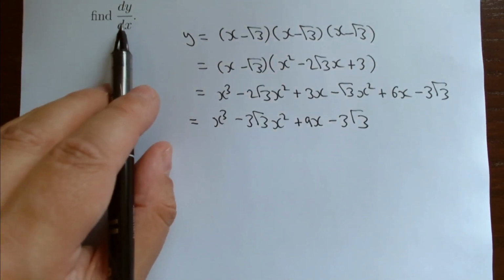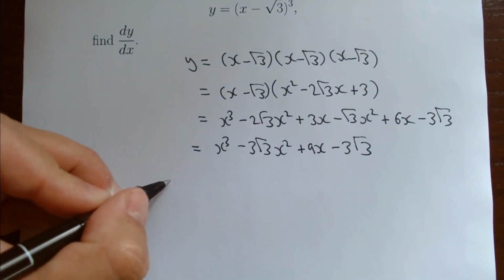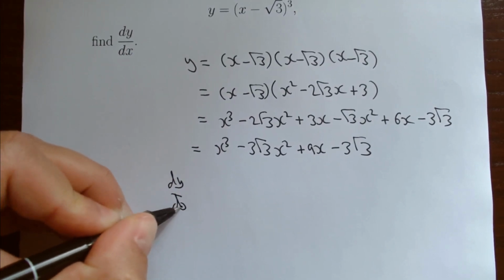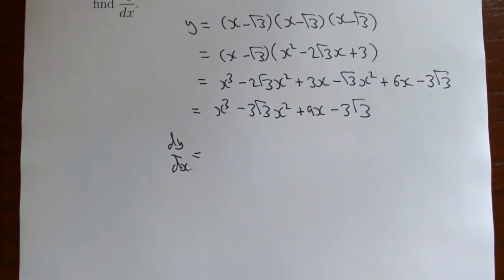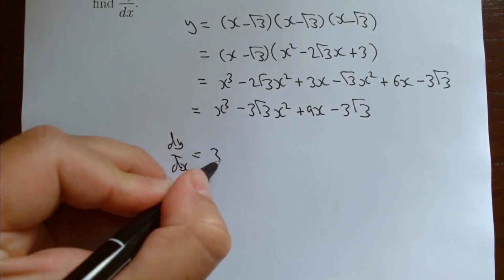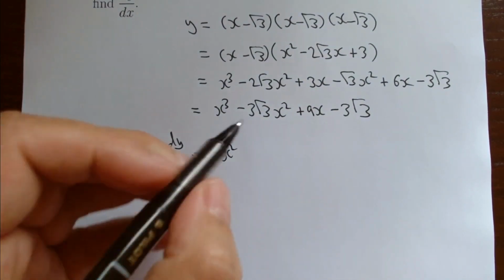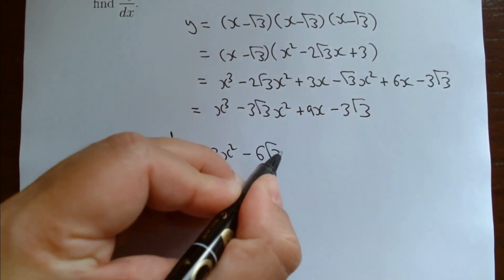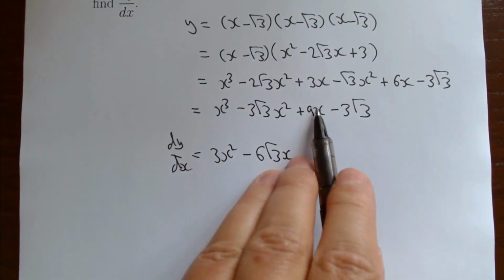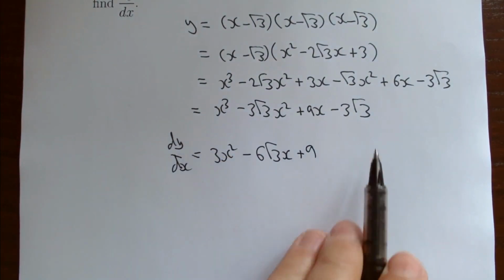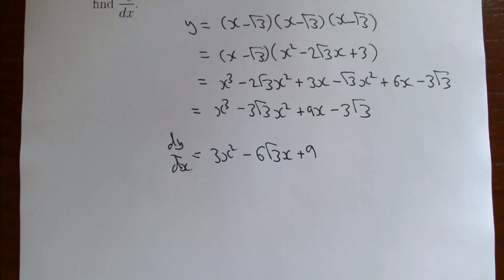We want dy dx, becomes 3x squared minus 6 root 3x. That's a linear term, will become 9, and that's a constant term, will become 0.